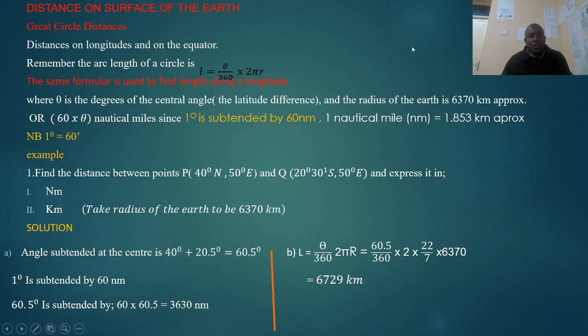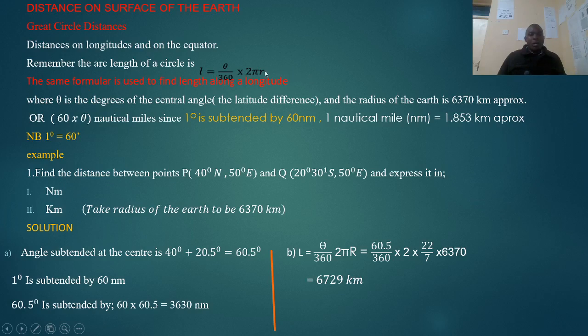We want to start with the great circle distance. That is calculated along longitudes or on the equator. The equator is the only latitude that is a great circle. So distance on longitudes and on the equator are great circle distances.